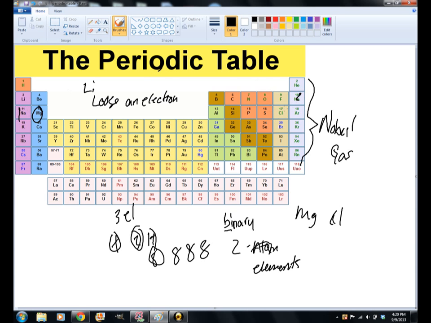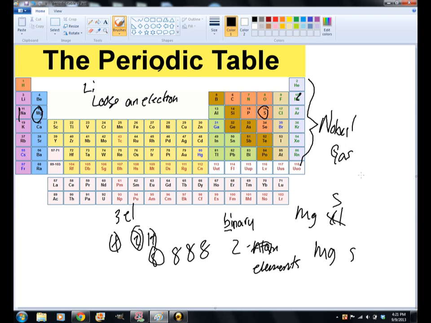And chlorine, here, yeah, wants to gain what? Let's not do chlorine, let's do sulfur. So that's sulfur, which is S, wants to gain 2 electrons. So Mg, magnesium wants to get rid of 2.